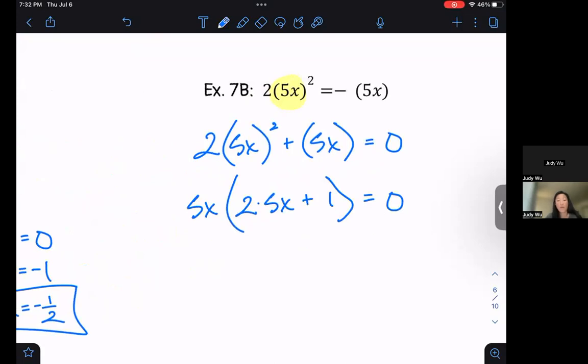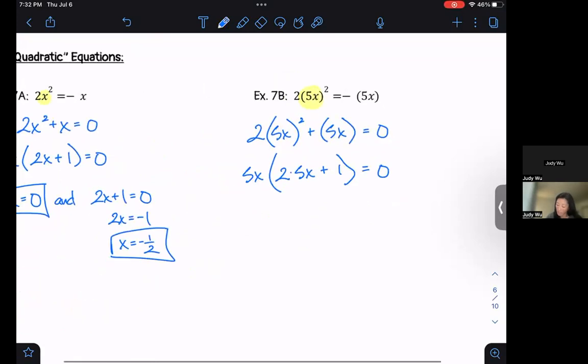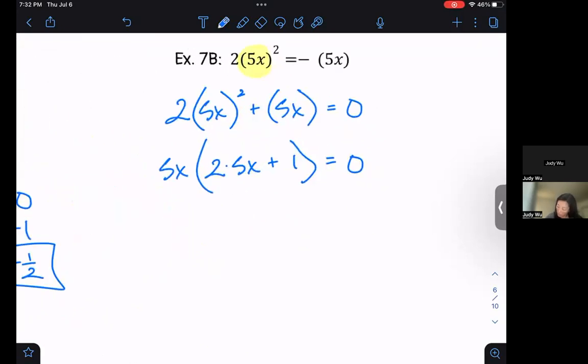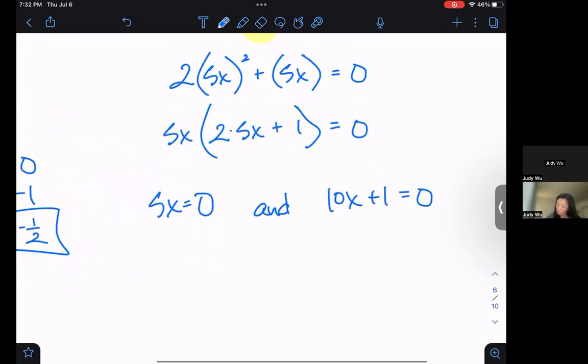Now, by the zero product property, just like I did before, I can set 5x equal to 0, and I can set this equal to 0. Okay? So I'm going to say 5x equals 0. And let's go ahead and do 2 times 5x is really 10x plus 1 equals 0.